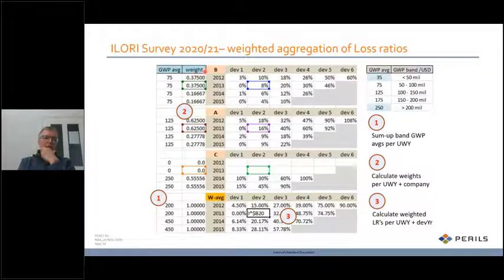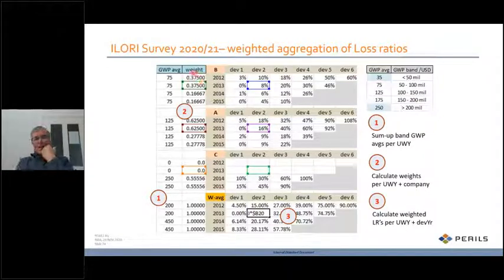So you can, in this simple example, simply calculate that it's 37.5% for the year 2012 for company B.